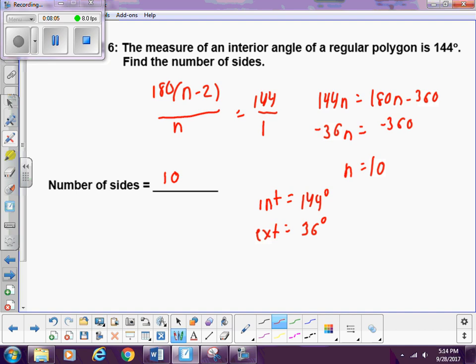So to find the number of sides, I could take the exterior sum, 360, and divide that by one angle, 36, and that also gives me 10 sides. So that's a quicker way to solve it. If you know the interior angle, subtract from 180, get the exterior angle, and then just do 360 divided by the exterior angle, 36, and the answer is 10.